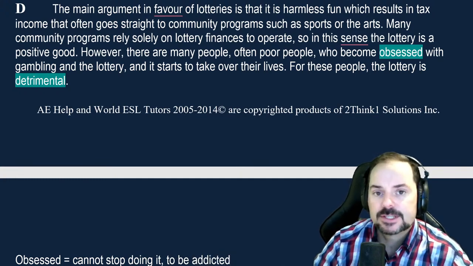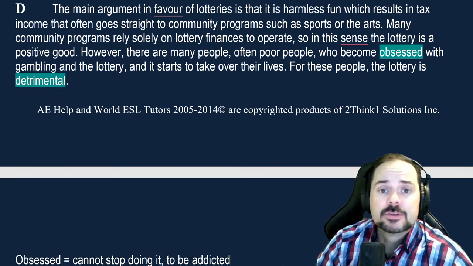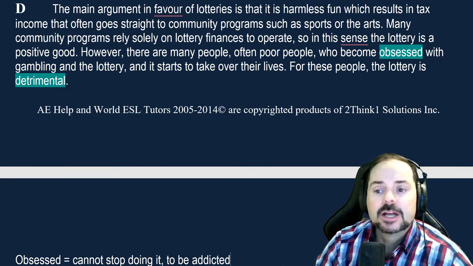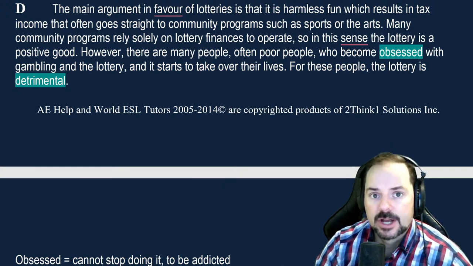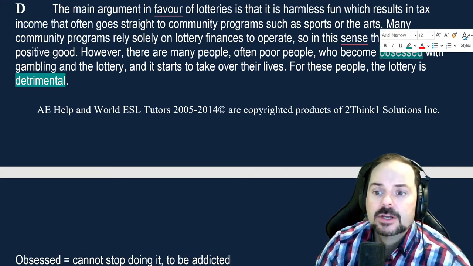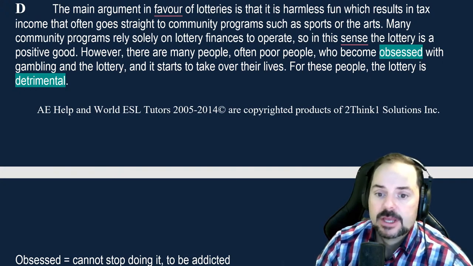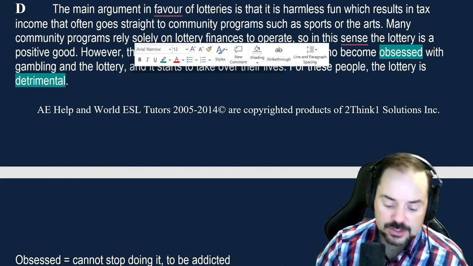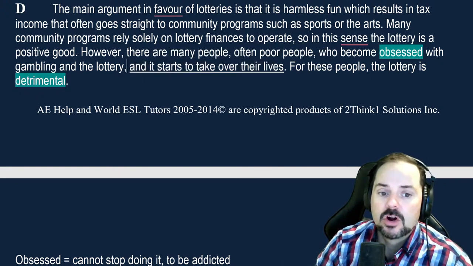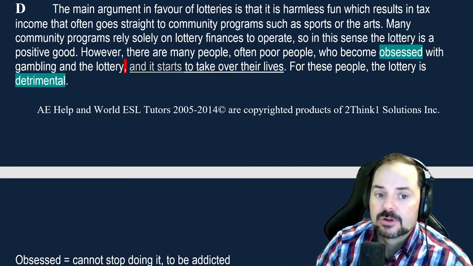Now, this is an interesting part of IELTS. And IELTS in this way is a little bit easier than a university textbook, because in IELTS, they know the words that are kind of challenging for some people. So when the people make the IELTS exam, they know that a lot of people who take the test might not know the word obsessed. So what they do is they give you a little bit of extra help, and the extra help they give you is in the context. Especially when you see a comma, it often indicates that there's a definition that comes after the comma.